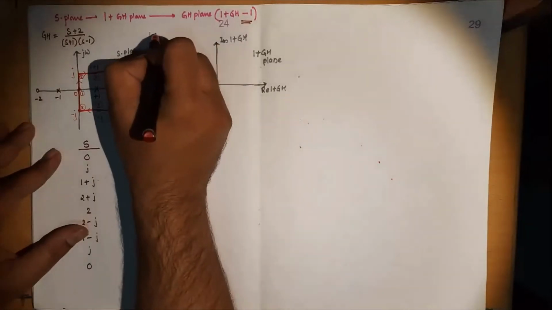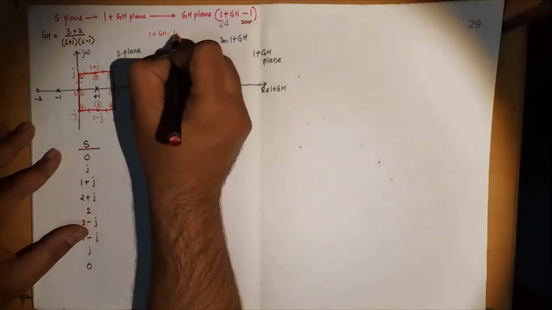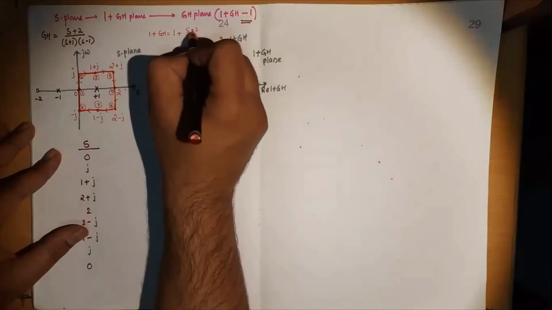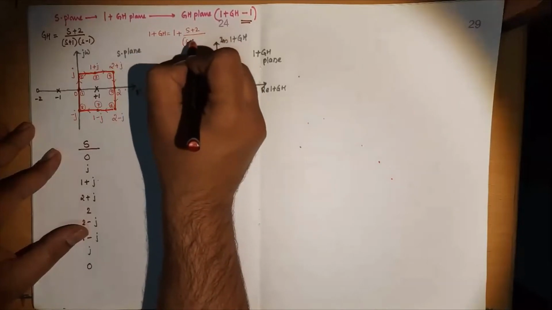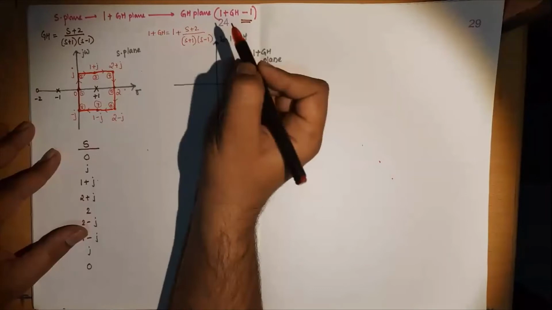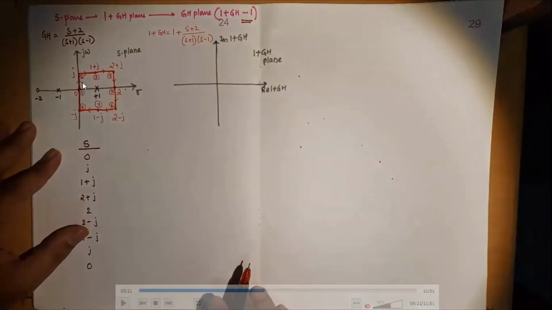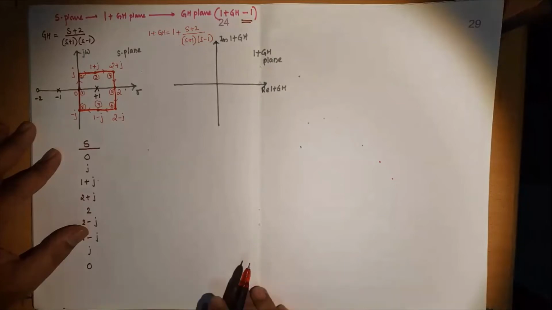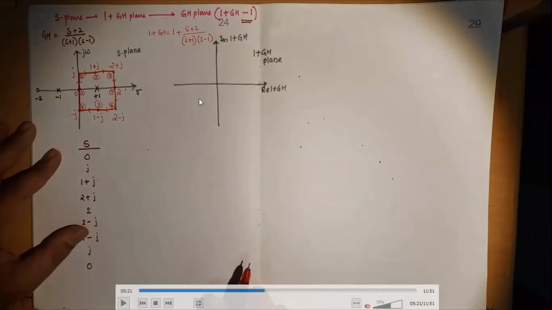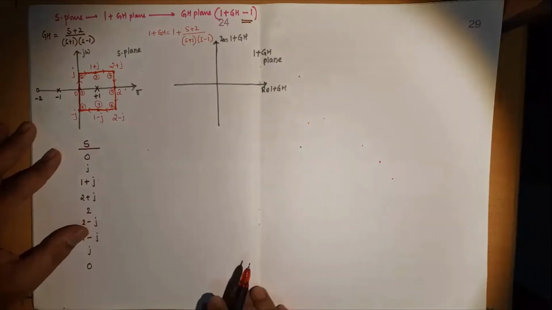It is just adding 1 to the GH function. So I want to map the S plane contour onto the 1 plus GH plane for this function. What is the simplest way? The simplest way is to substitute each point here and map the corresponding point here. That's it. It is called mapping.